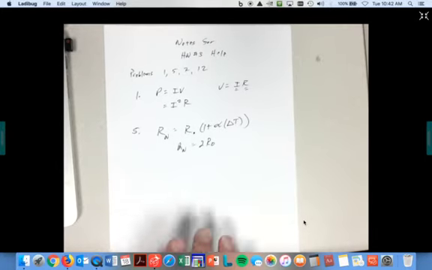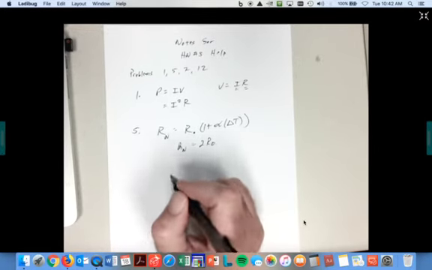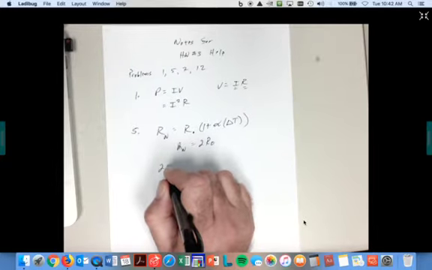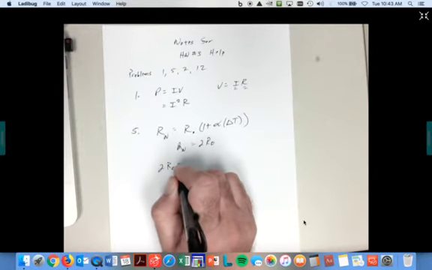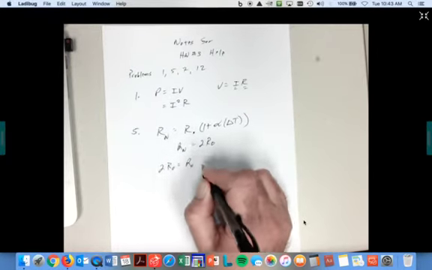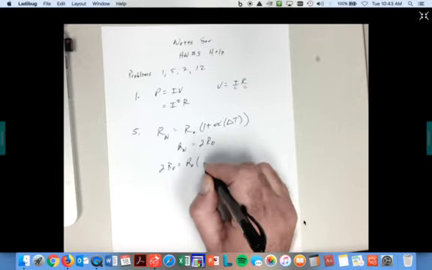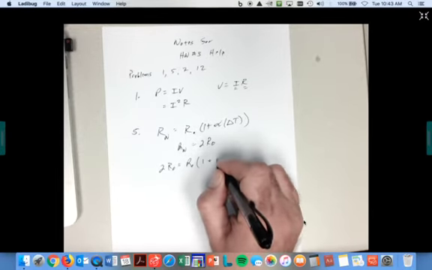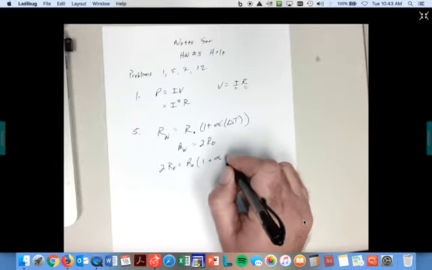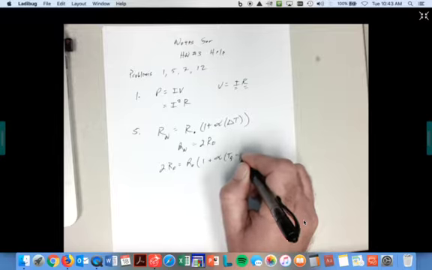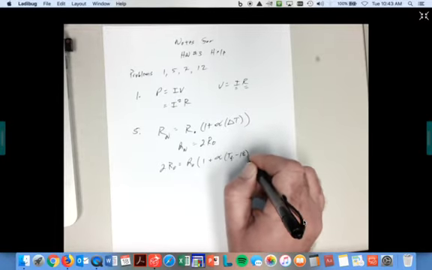If we go ahead and plug this in, 2R naught is equal to 1 plus alpha times the change in T. Sometimes you just got to dive in like I just did. So I've got T final minus 18 in this example.